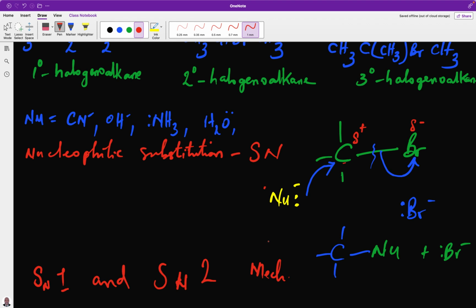Summarizingly, learners, if you are asked what mechanism a reaction would undergo, the first thing is to look at the structure of the halogenoalkane, whether it is primary, secondary, or tertiary. Depending on that, you will determine whether it undergoes an SN1 or SN2 mechanism. Let's start with the SN1 mechanism.